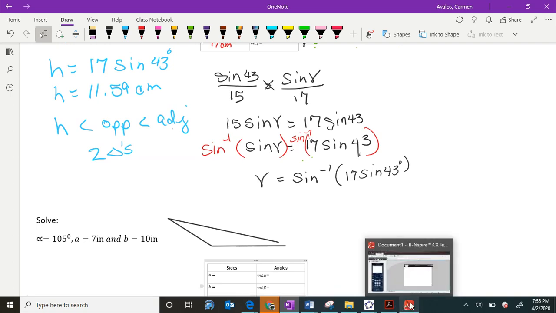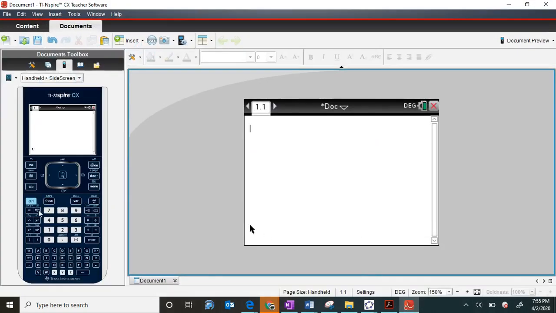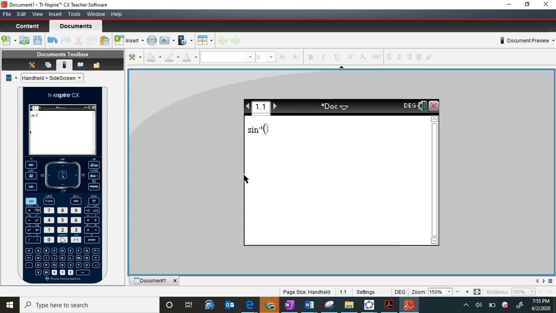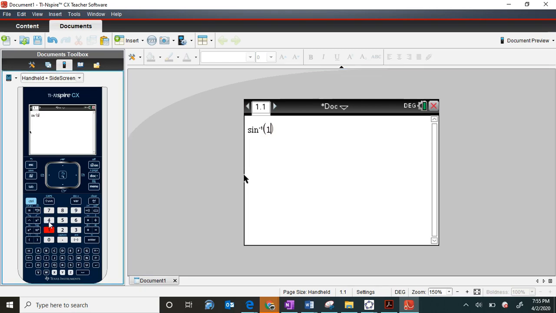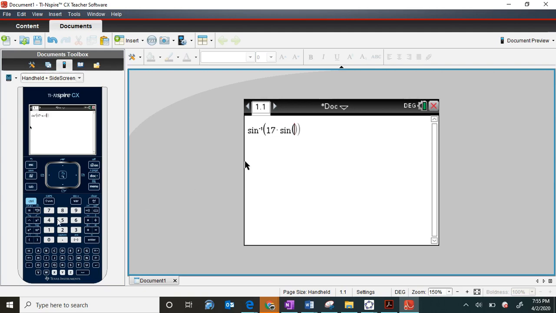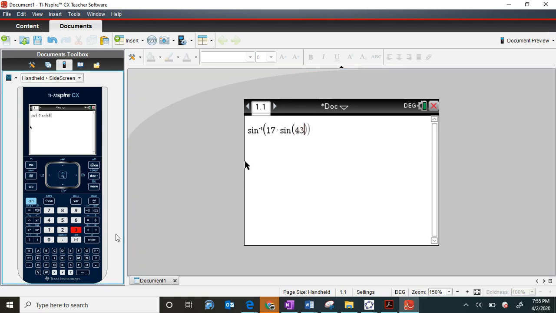We are in degrees, so we are going to do trig, sine inverse of 17 times trig sine of 43, and hit enter.